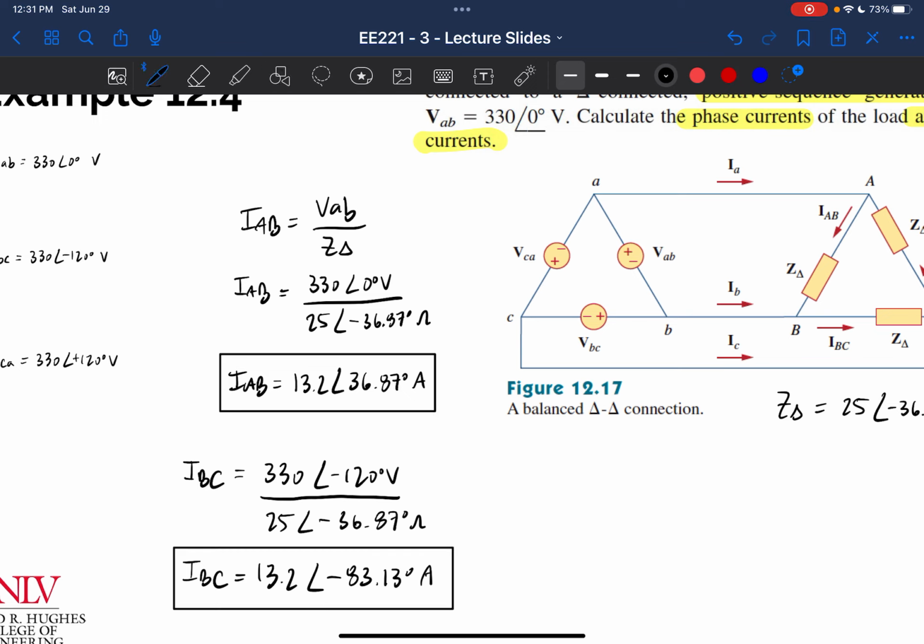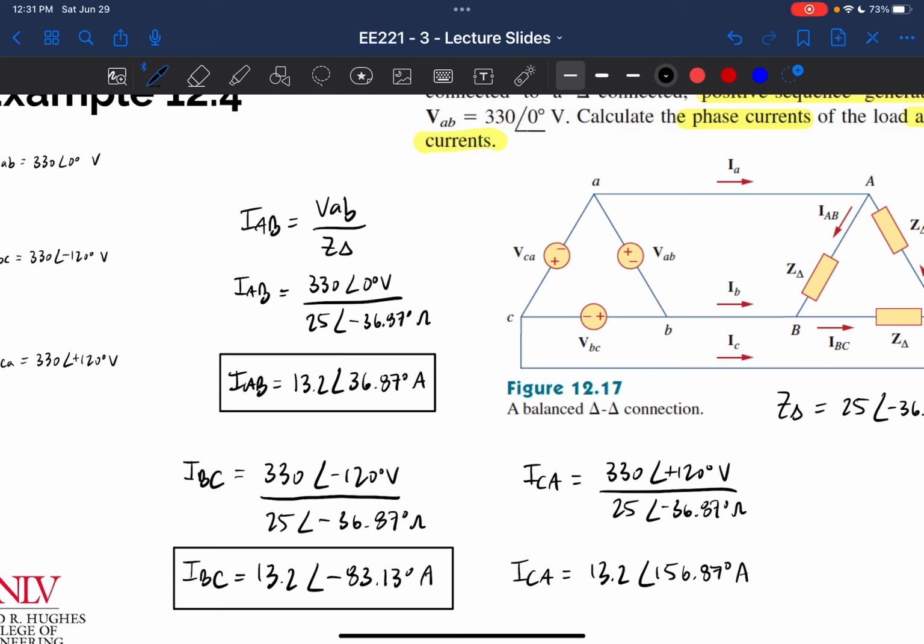And of course, ICA is going to be 330 angle plus 120 divided by the impedance, and that is going to come out to 13.2 angle 156.87 degrees amps.